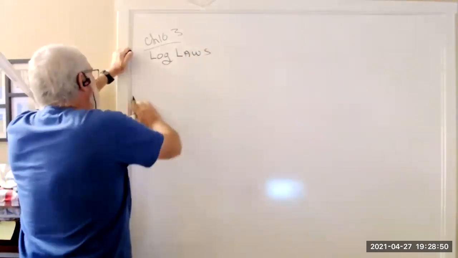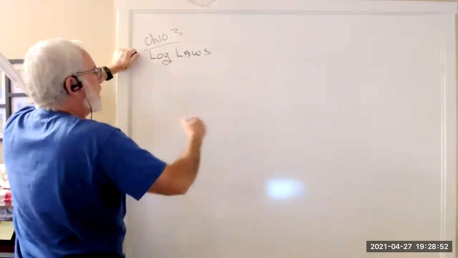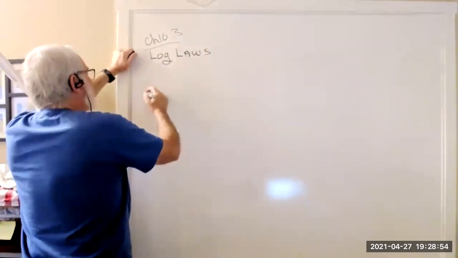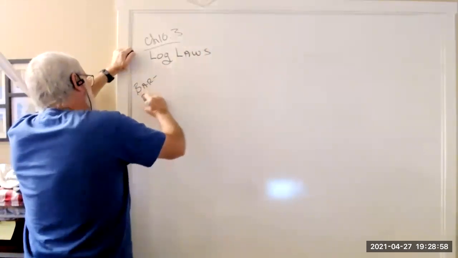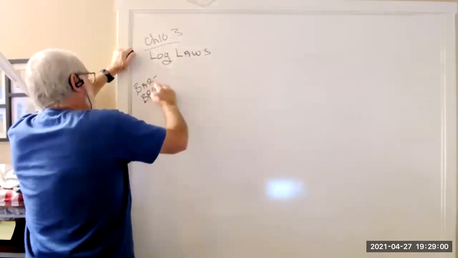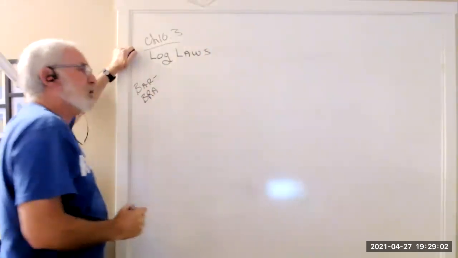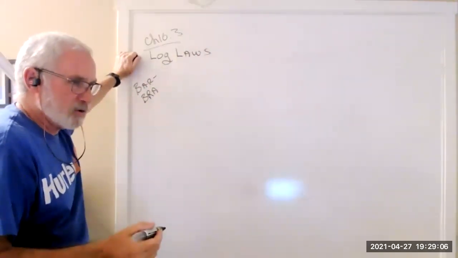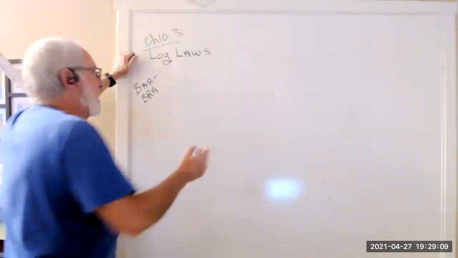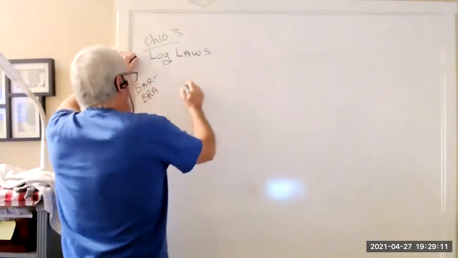And the most important one, which is going to come back to haunt us all the time, is what I called the bar-bra rule. Okay. It's technically called the definition of logarithms. And it's not the letters that matter.